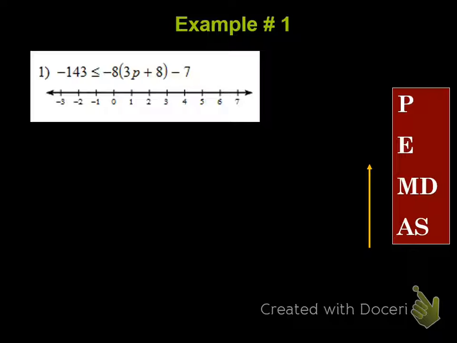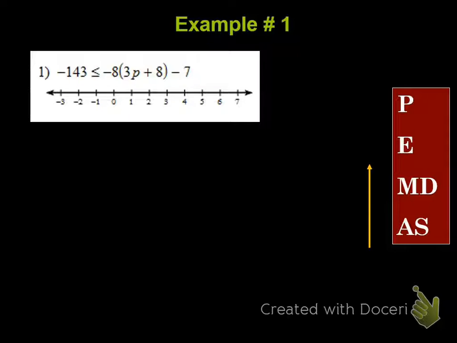Go ahead and make sure that you have the graphic organizer, and you can see that this example is written on the paper. Go ahead and copy down the work. Once we are done with our work and get our answer, we will fill in the graph for the solution.